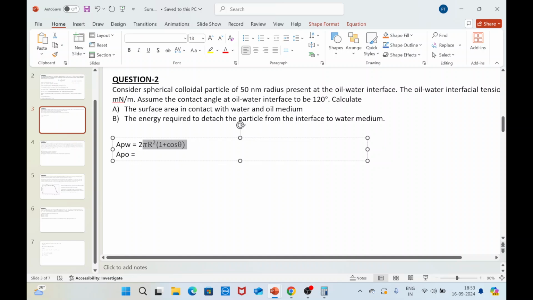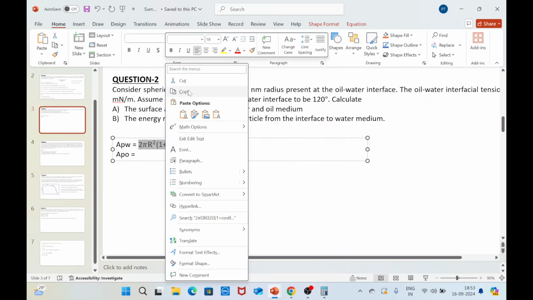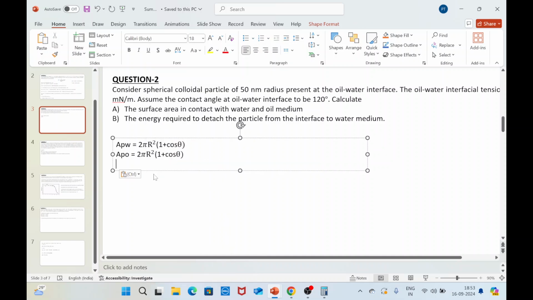The expression is 2 pi r squared times (1 minus cos theta). So these are the two expressions.